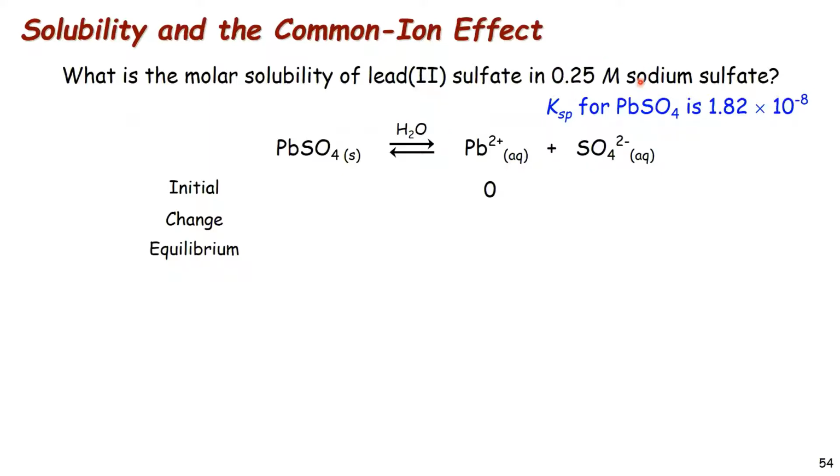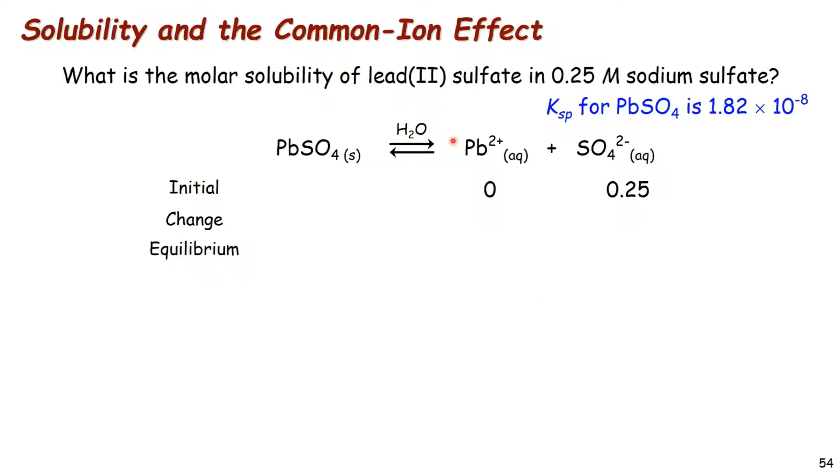Since it's 0.25 molar sodium sulfate, the sodium sulfate completely dissociates into one sodium ion and one sulfate ion. Therefore, the sodium would be 0.25 and the sulfate would be 0.25 molar. So in this case, this sulfate is 0.25 molar. It's not just 0.